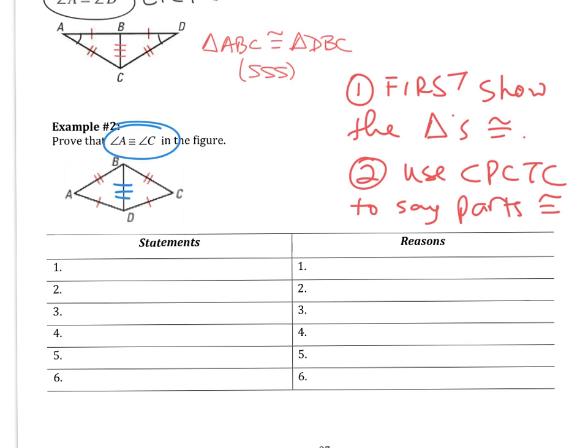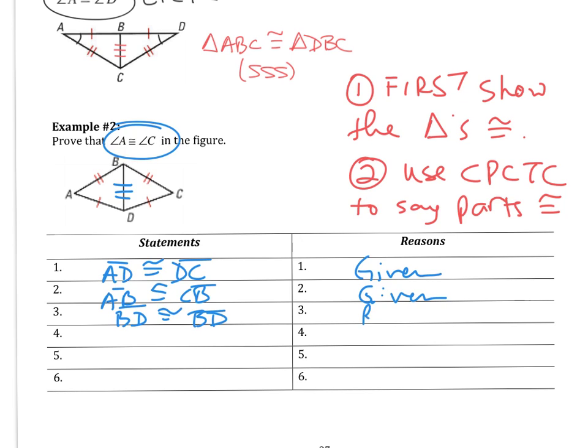So in our proof, we would say that AD is congruent to DC, given. We would say that AB is congruent to CB, given. They gave us both of those with the red tick marks. He just said that BD is congruent to BD because of reflexive.